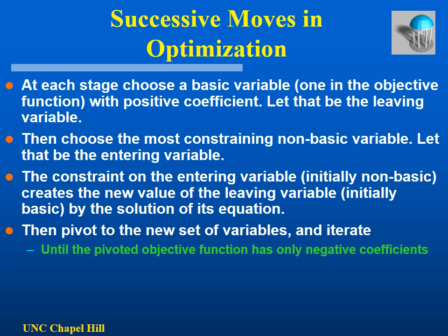We iterate this process, edge after edge, until the pivoted objective function has only negative coefficients, meaning there's no further increase possible.